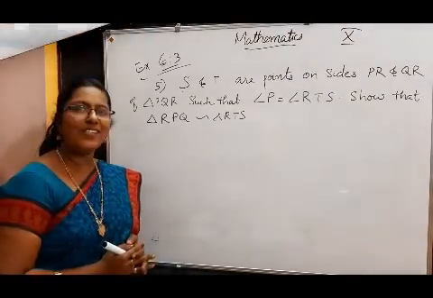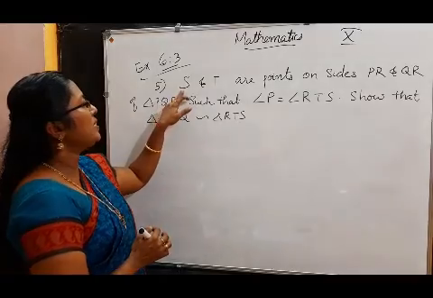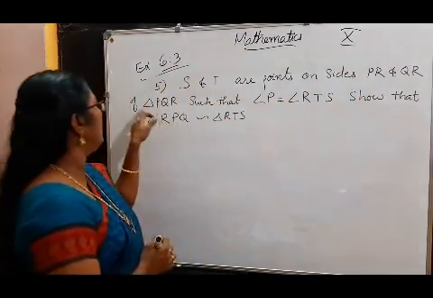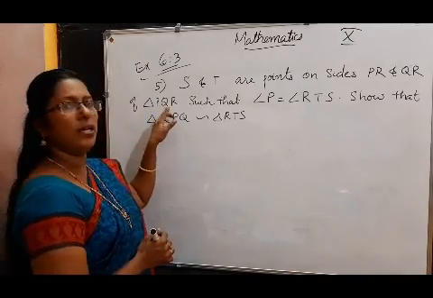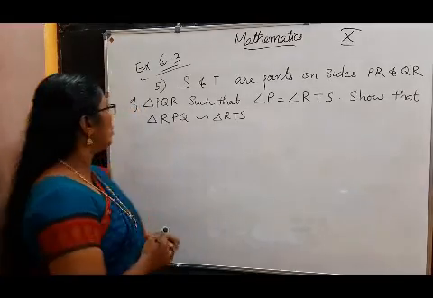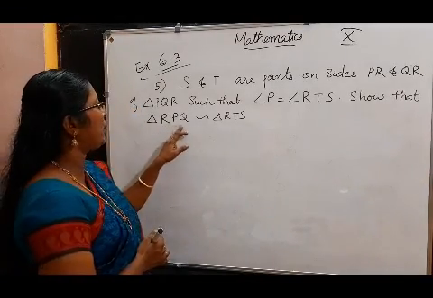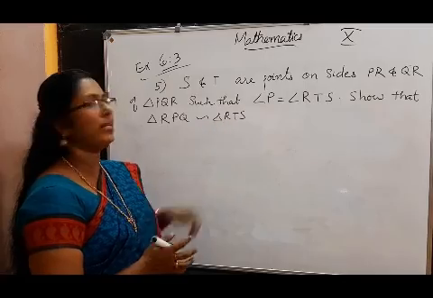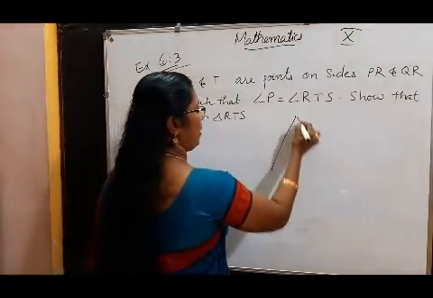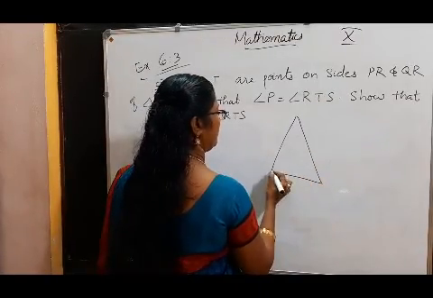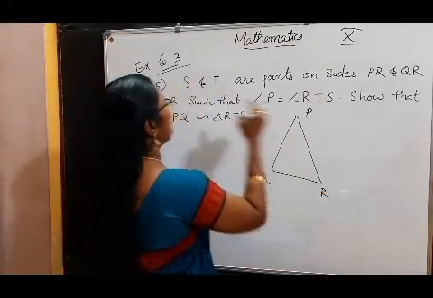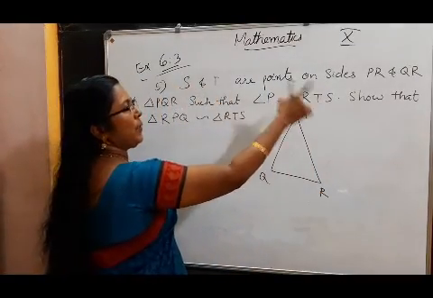Okay. The next question, question number 5. S and T are points on the sides PR and QR of triangle PQR such that angle P equals angle RTS. Show that triangle RPQ is similar to triangle RTS. Here the triangle PQR. S and T are points on the sides PR and QR.